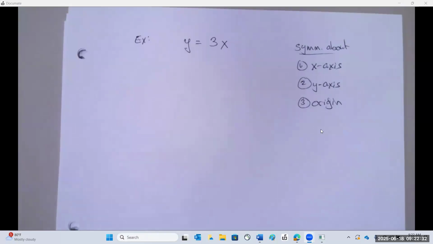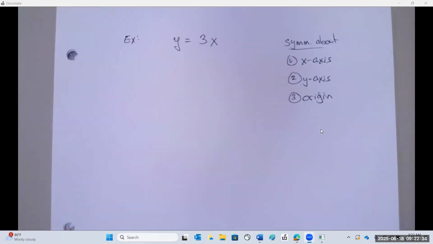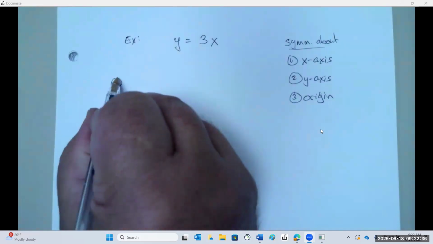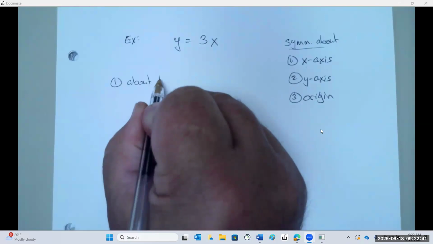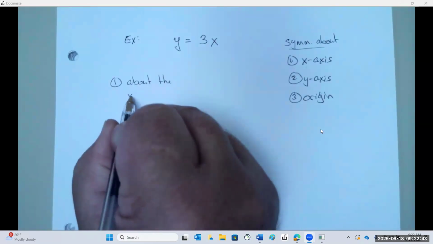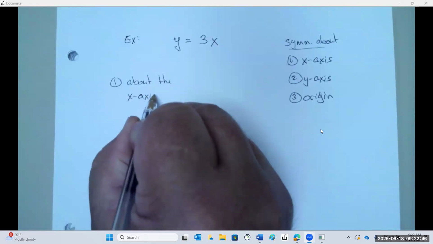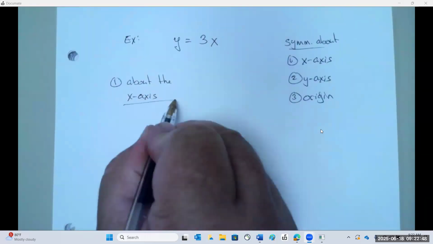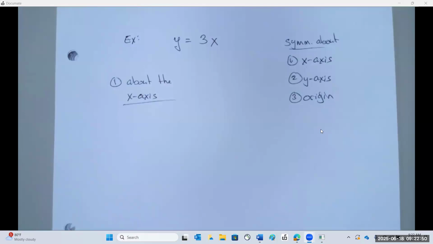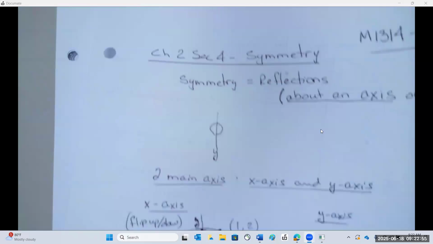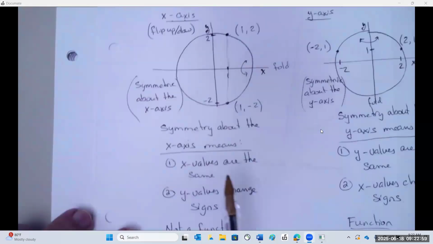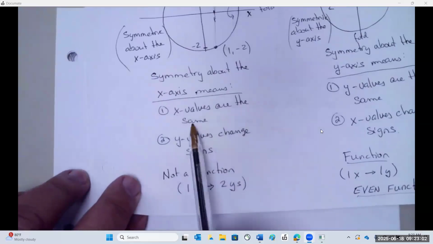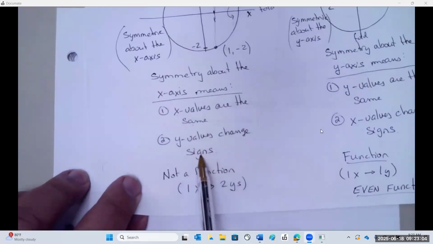So let's see. One, how do we test about the x-axis? How would we test that? What do we have to do? Well, what this thing says, to test if it's about the x-axis, the x values have to remain the same and the y values have to change signs.